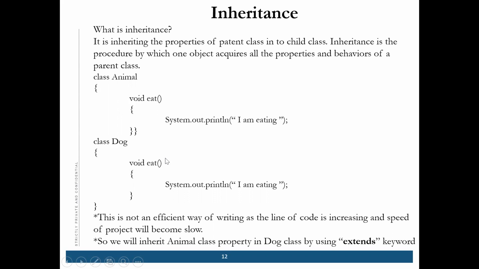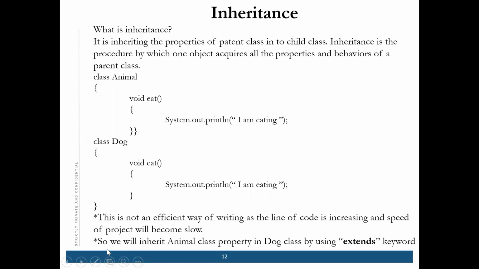Instead, we will inherit the property of Animal in the Dog class, use this method, and just call it. With the help of an object we can call this method. Writing the same code repeatedly is not a good way of writing.